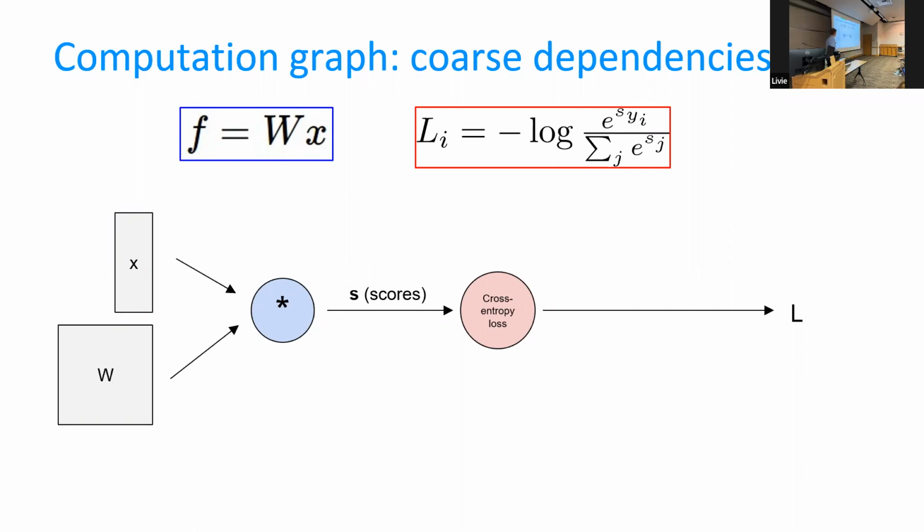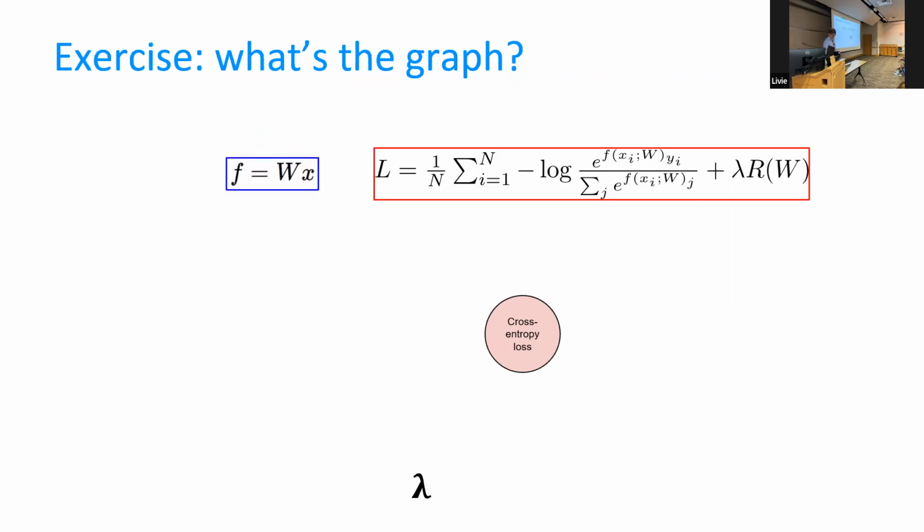Which is kind of a fun party trick, but how is that actually useful? We're not there yet. We're going to practice making these computation graphs a couple times first. So here is a more complicated computation graph. We have the original, but now we are also summing over all of the inputs, and we also have this lambda R(W) term.